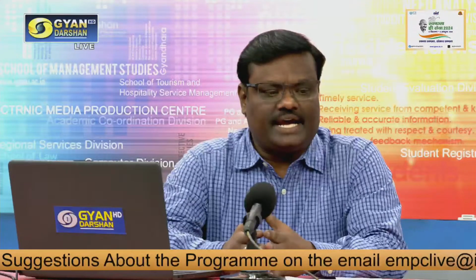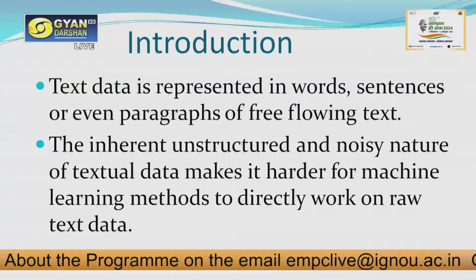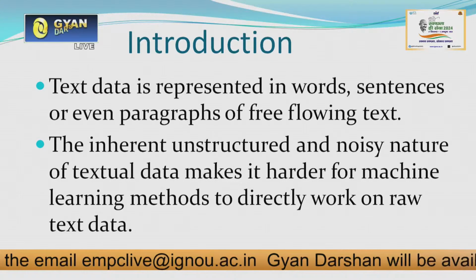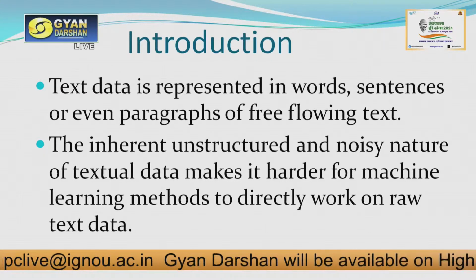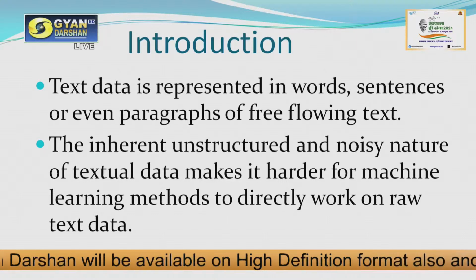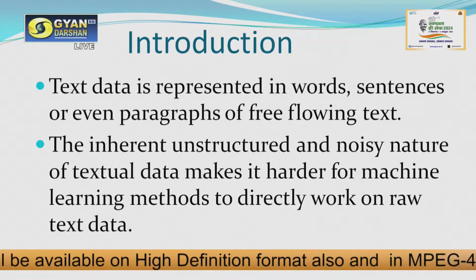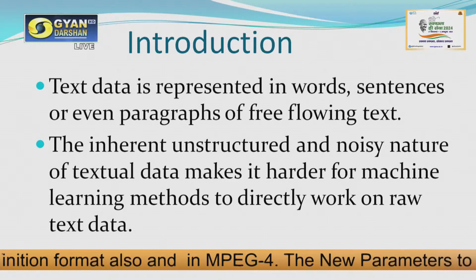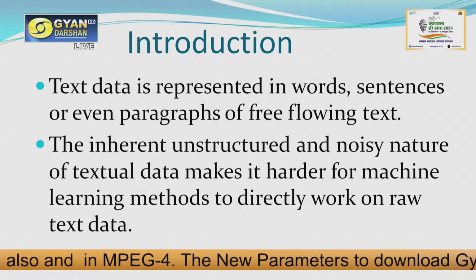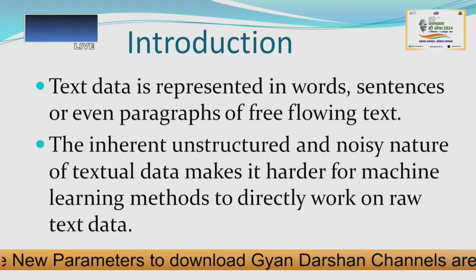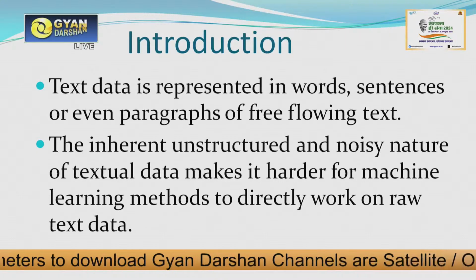Text data, as you see, is represented in the form of words, sentences, paragraphs, or the whole document as a raw document. This text may be very unstructured in nature and contain noise, and this may create difficulty for machine learning models whenever they work directly on the raw data.